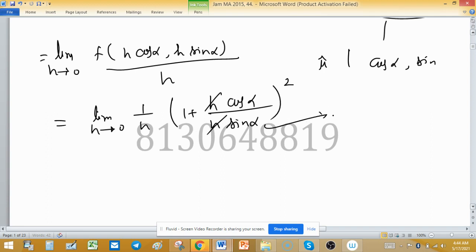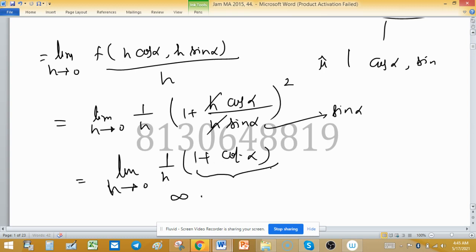Also the given condition is that sin alpha is not equal to 0, and that is its importance. So this is 1 plus cot alpha, times 1 upon h, with h tending to 0. So 1 upon h is infinity, and if the other factor is 0, then 0 into infinity is an indeterminate form, and we apply L'Hopital's rule to find this limit.